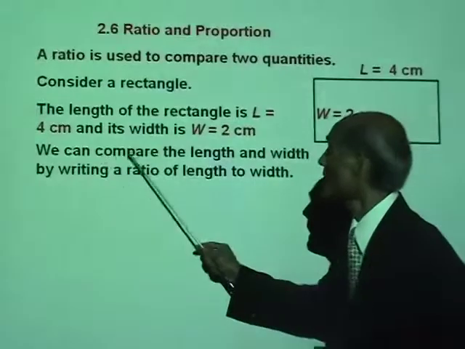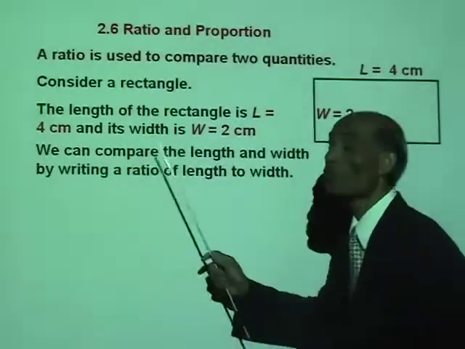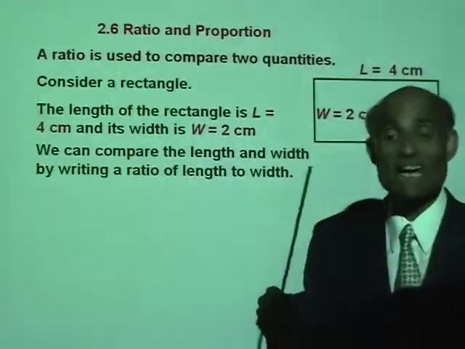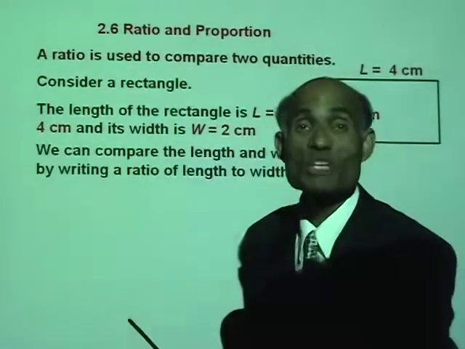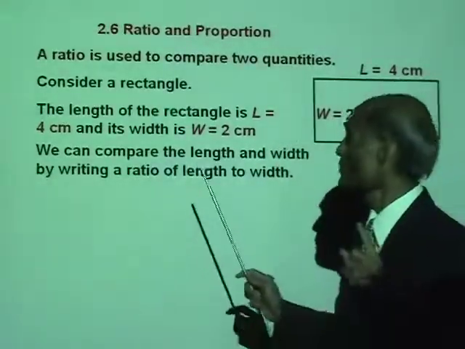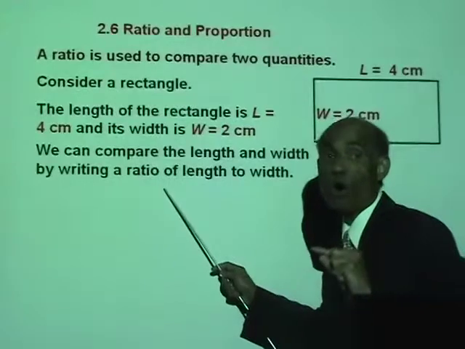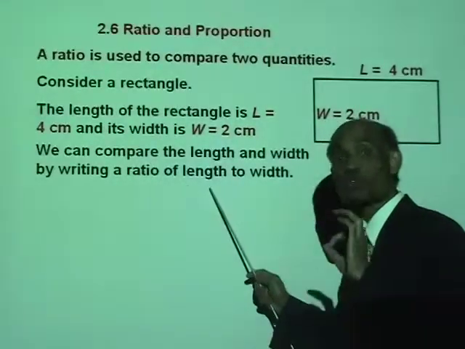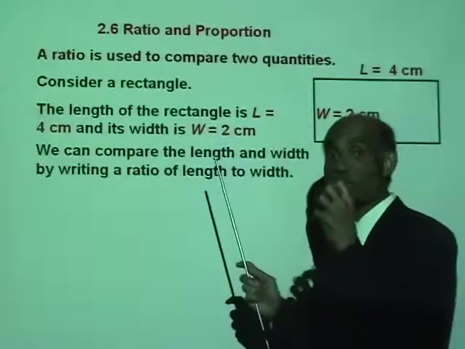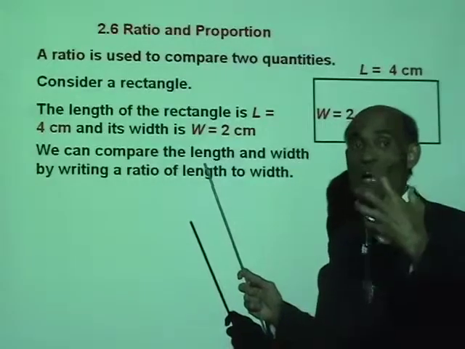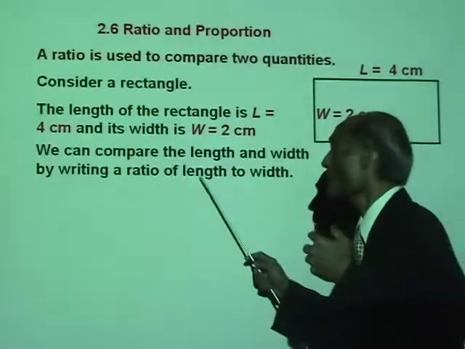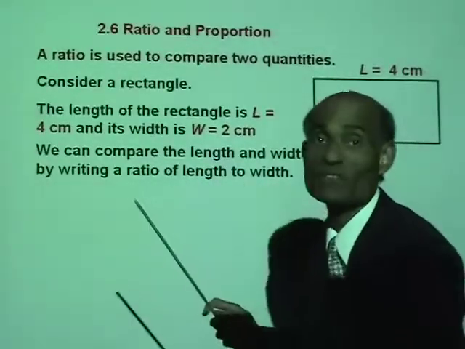We can compare the length and width by writing a ratio. I want you to listen to this carefully. I'm going to write a ratio of length to width. There is a special meaning for that.